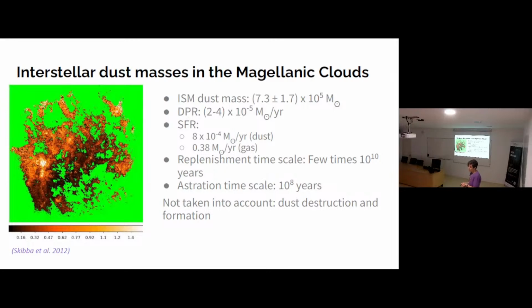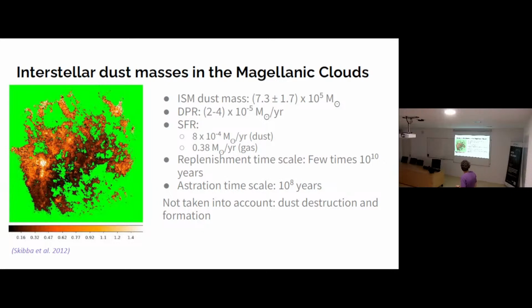Similarly to the dust production rate, other collaborators of ours determined a star formation rate. It's a very similar process. Again, you compare what you think are YSOs with a grid of models, and they found a few times 10 to the minus 4, or almost 1 times 10 to the minus 3 solar masses a year in dust being consumed.